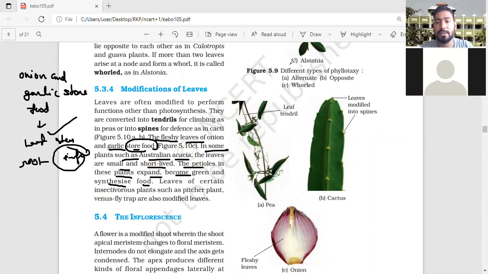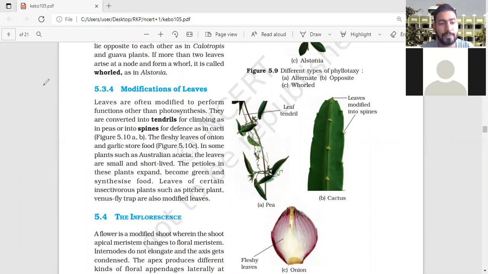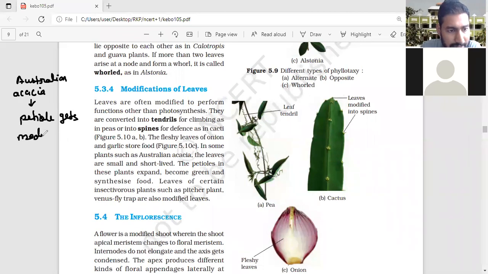Very, very important. They are saying in Australian acacia, the petiole gets modified. It expands, becomes green, and is involved in the synthesis of food.